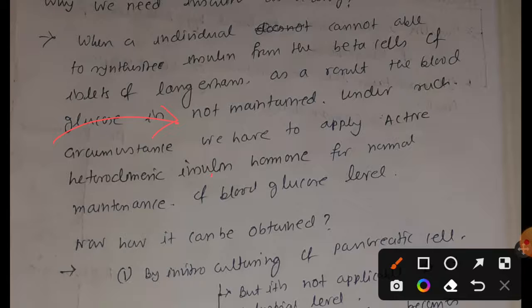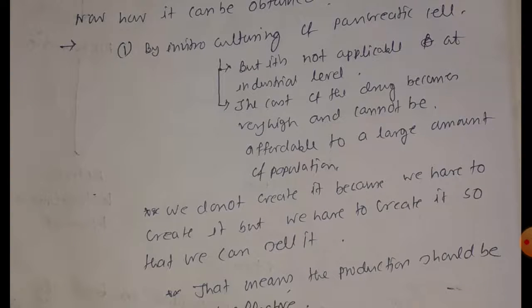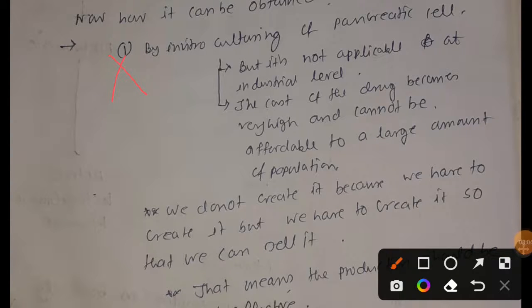That is the main point of synthesizing any kind of drug: not only is production necessary, but you also have to keep in mind that the ingredients, time and intellect you use should support a well-defined cost that is affordable by most of the population, so that your drug will be popularized. So we cannot use in vitro culturing of the pancreas cell, that is not possible.